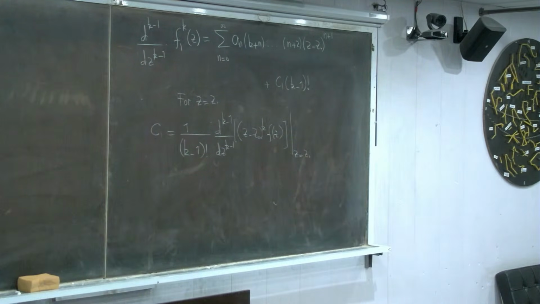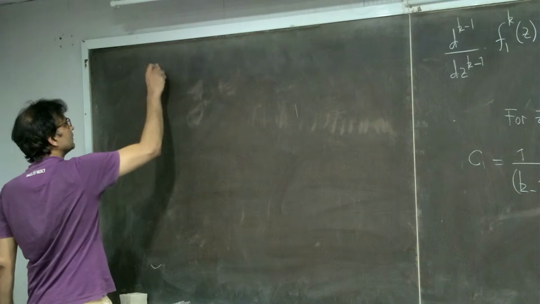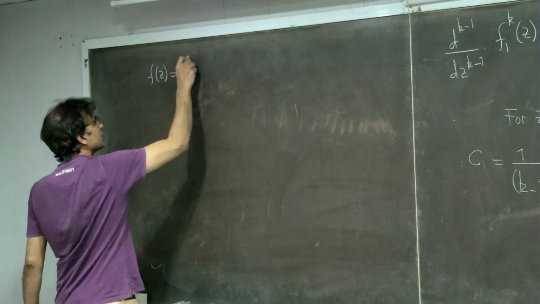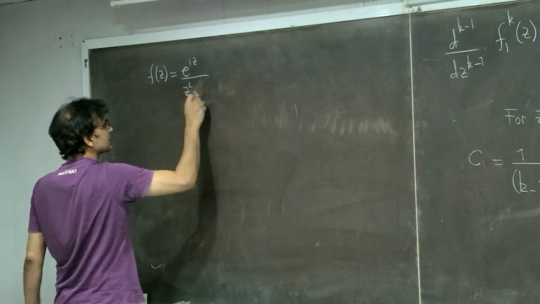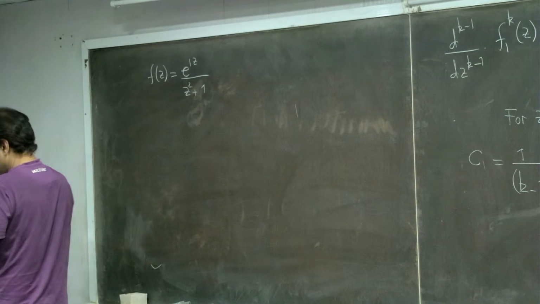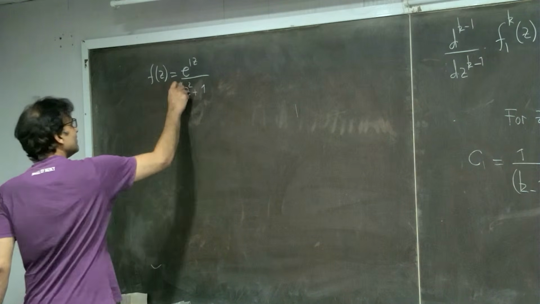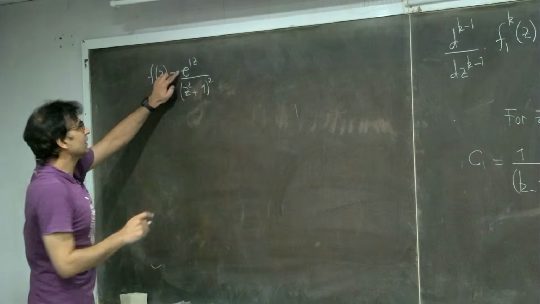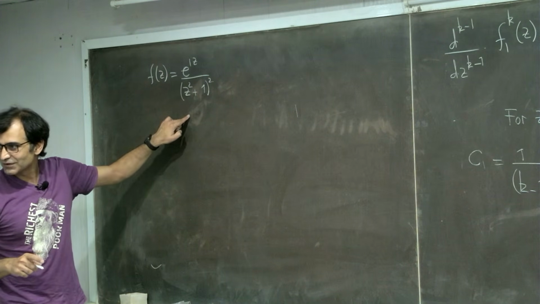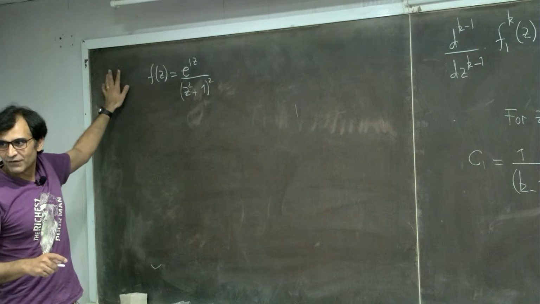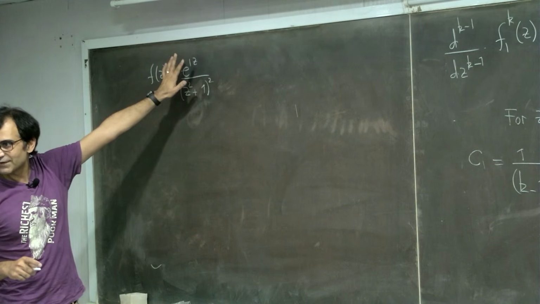f of z is e to the power iota z over z squared plus 1 whole squared. By the way, e to the power iota z is an entire function. Z squared plus 1 is an entire function, so there is no problem with the function. First of all, we have checked the properties of f of z.